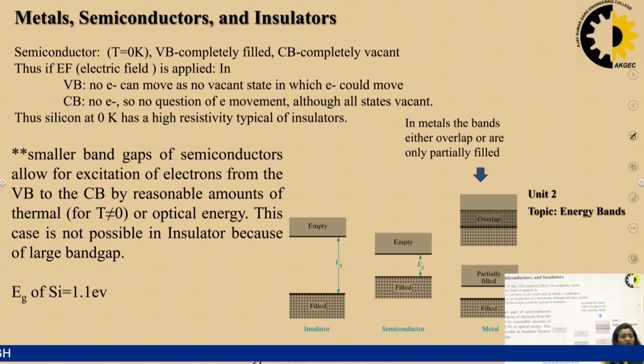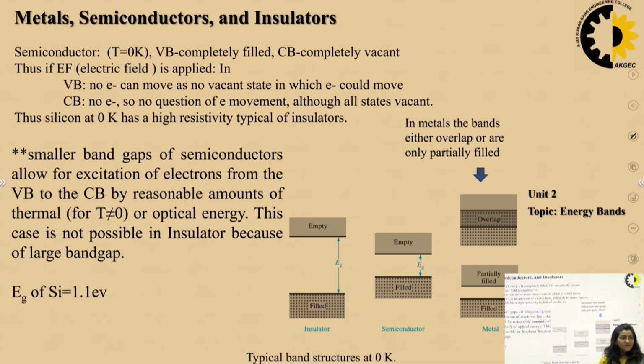So at 0 Kelvin, silicon has the highest resistivity, or we say that the semiconductor behaves like an insulator. But in semiconductors with smaller band gaps, a small excitation is enough: the electrons will move from the valence band to the conduction band given a reasonable amount of thermal energy, optical energy, or an applied electric field.